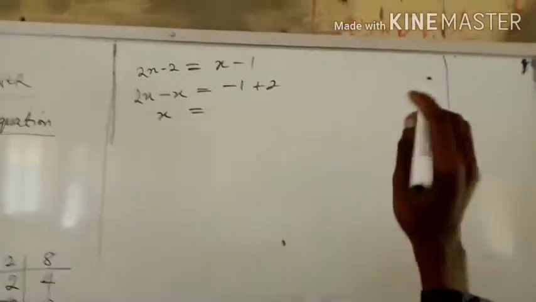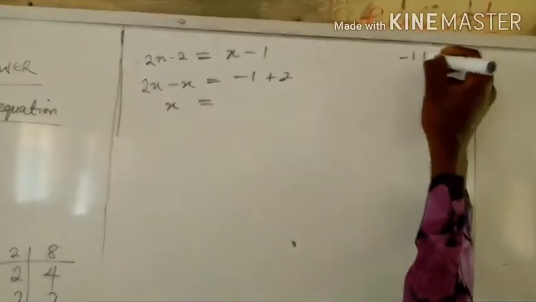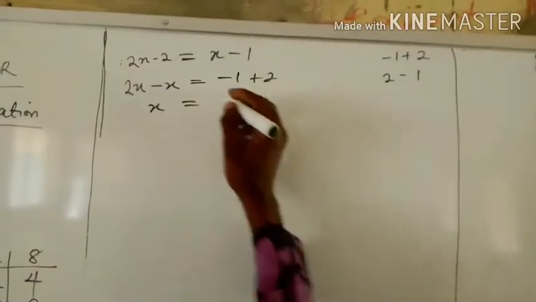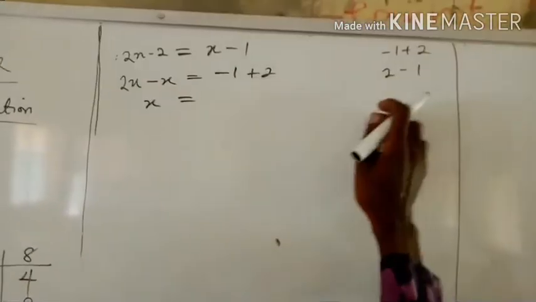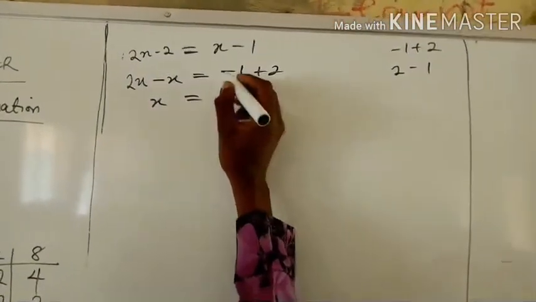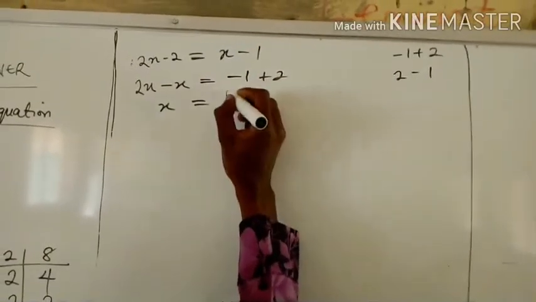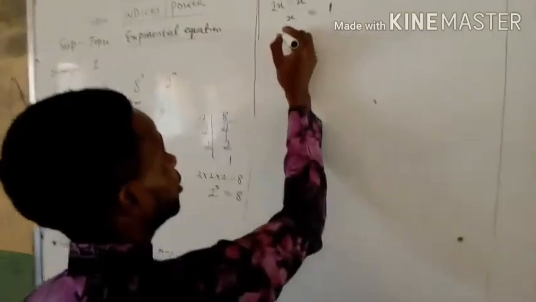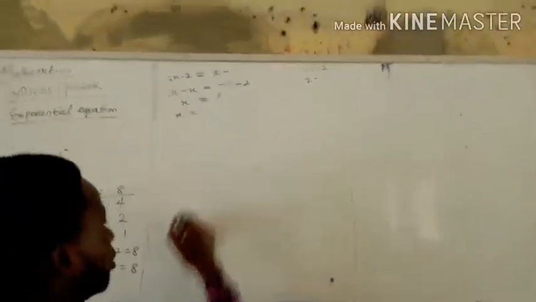Let me clarify something here. Minus 1 plus 2 is still the same as 2 minus 1. So what is 2 minus 1? It is 1. Minus 1 plus 2 gets 1. So it means x is equal to 1.